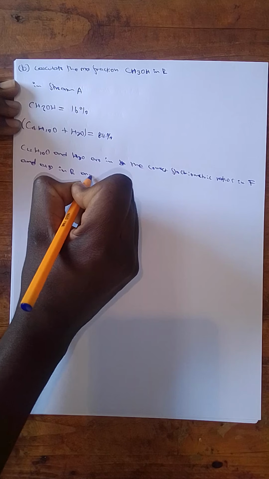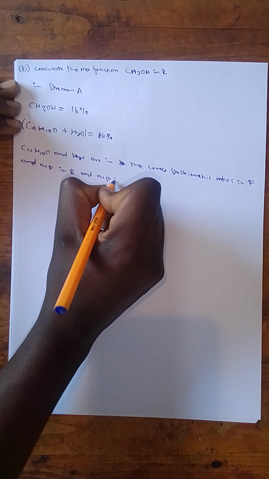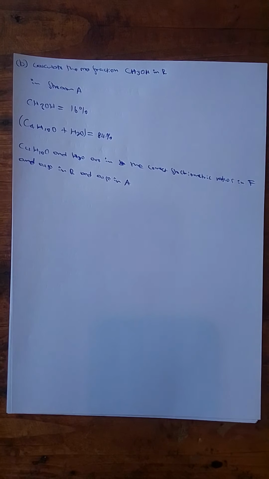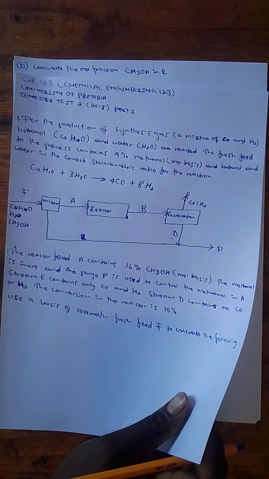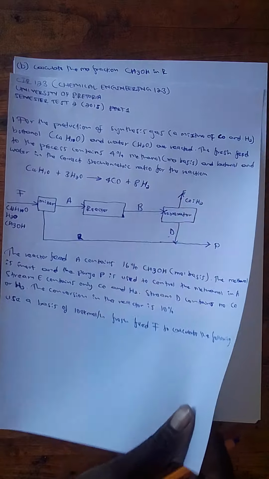And thus also in A. So I just explained that if the stoichiometric ratio is the same in F and R, then it must be the same in A.